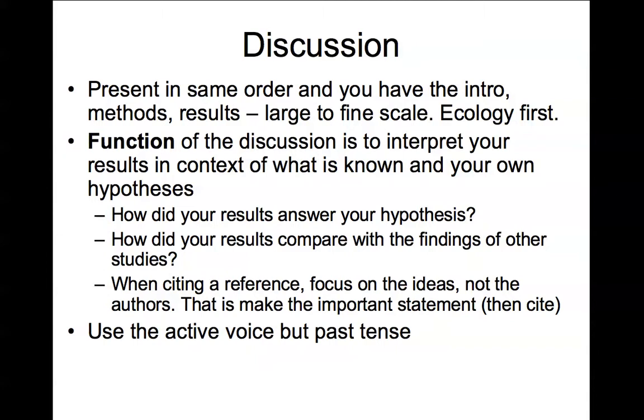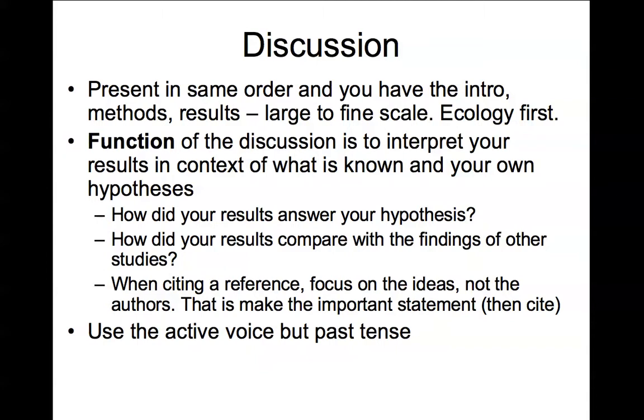So think of these questions for the discussion. How did your results answer your hypotheses? Do you reject or accept hypotheses? How did the results compare to other findings of other studies? So putting your work in context of others, and then citing references that go on there. And remember to focus on the ideas, not the author.